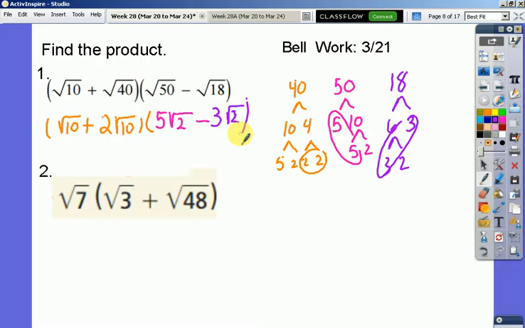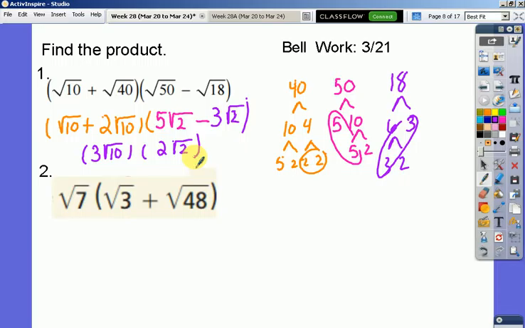So rather than foil, why don't we just combine our like terms? Now you could, and in this step the foiling would be easier than it was before. But even easier than that, we can combine our like terms. So here, 2 and 1 make 3 square root 10. And 5 minus 3 is 2 square root 2.